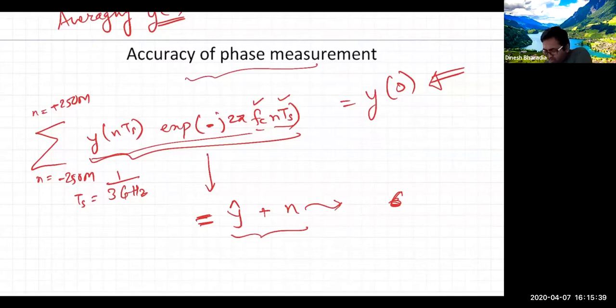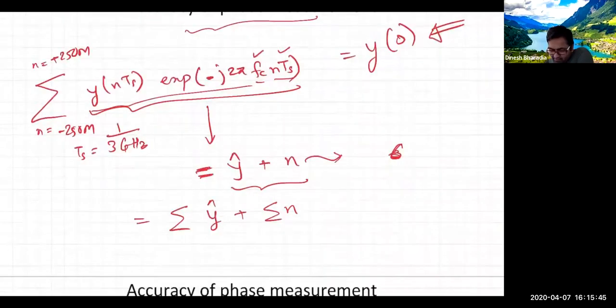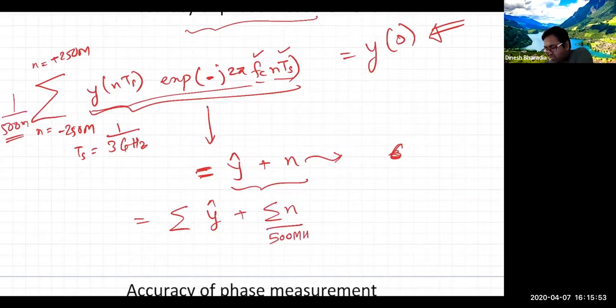By doing this averaging, you're averaging y hat and noise, dividing by 500 million observations, and each of them has independent noise n i. Everyone with me on this, Eric?